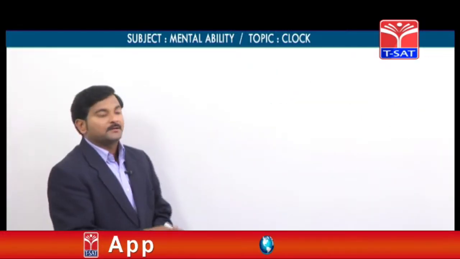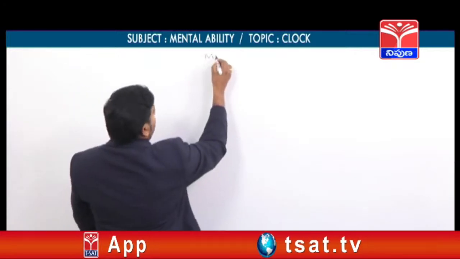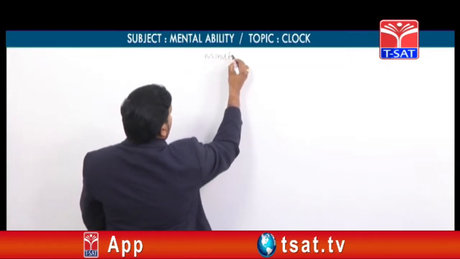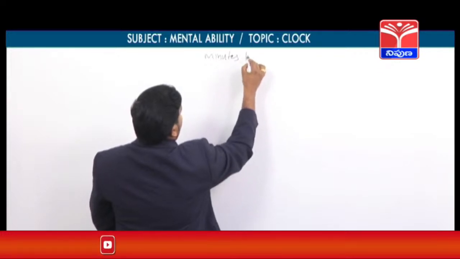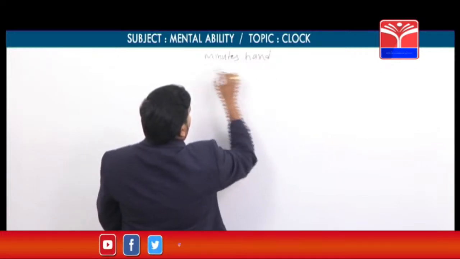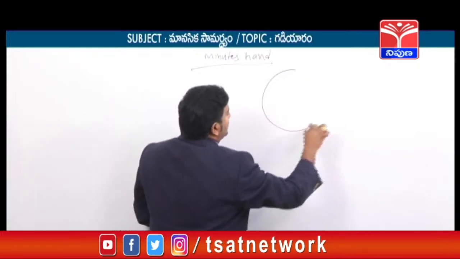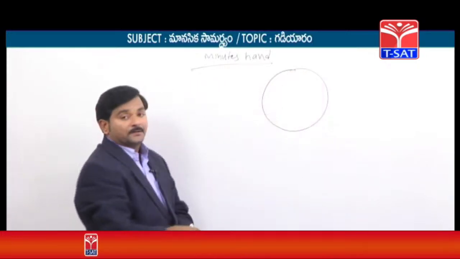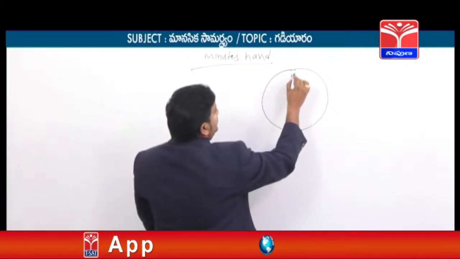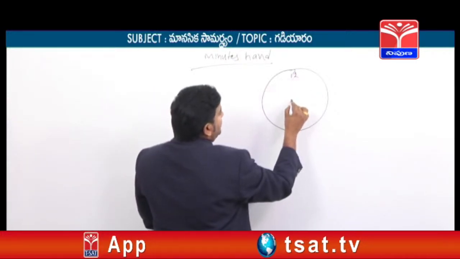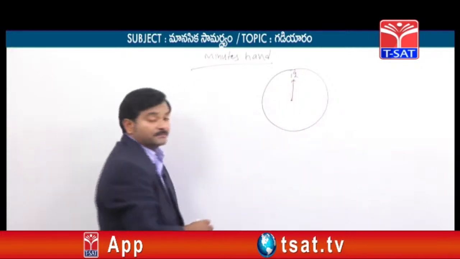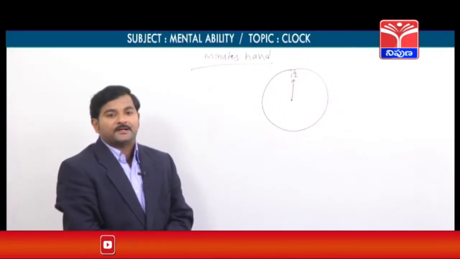Now we will focus on the minute's hand. There are 3 points we covered for the hour's hand. Now there are 2 points we are going to cover for the minute's hand. Let's discuss with one small diagram. Let's say this is a clock, for example 12 o'clock. Instead of the hour's hand, I am now taking the minute's hand, located at 12 o'clock.